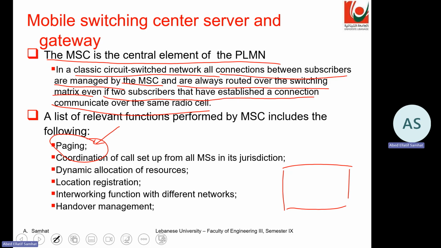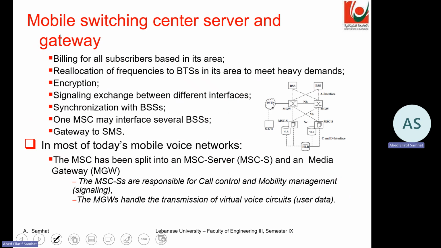There are other functionalities: to coordinate call setup for all mobile switches, to make dynamic allocation of resources, to make location registration, interworking functions with different networks, and handover management, which we will see in detail. And in addition, the billing, because the mobile switching center is part of the core network, so all communication will go through this mobile switching center.